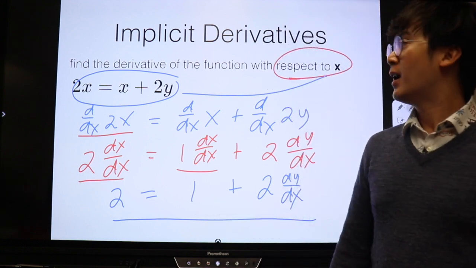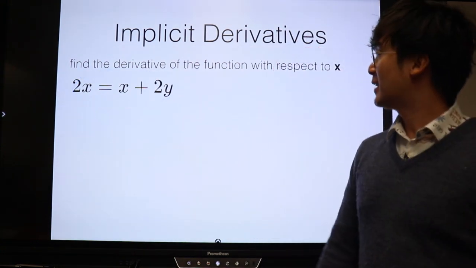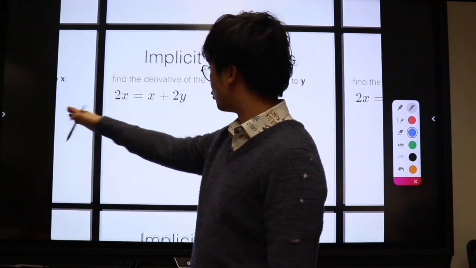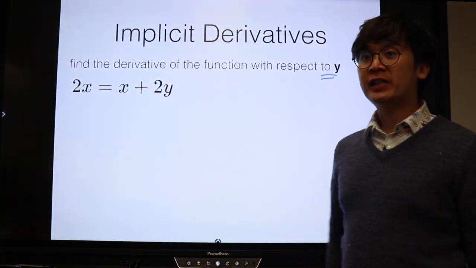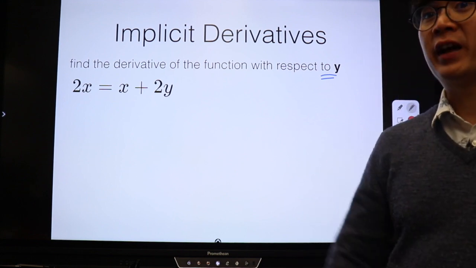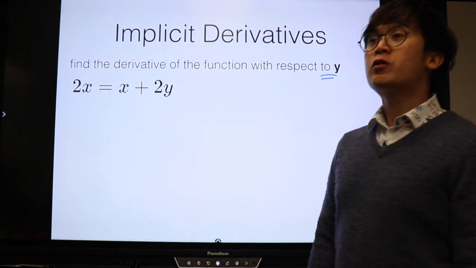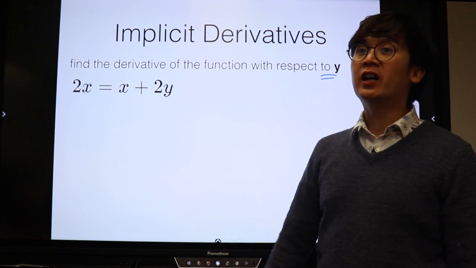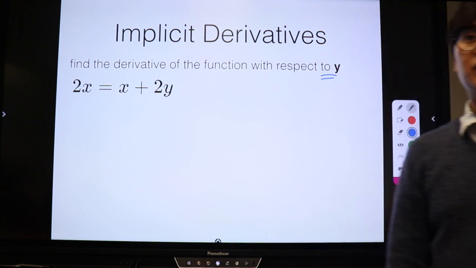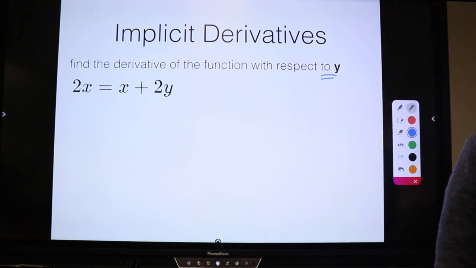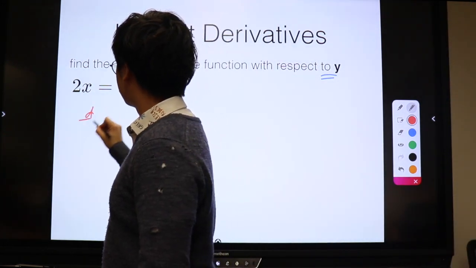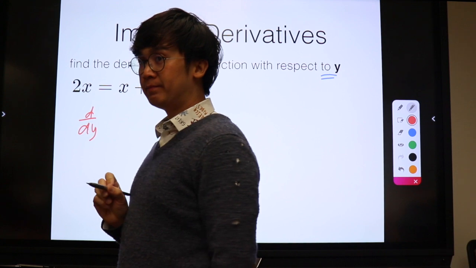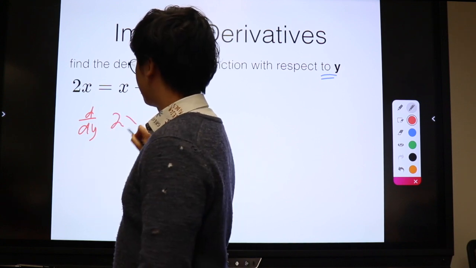All right? Okay, so let's say I have the same function, but this time you're taking the derivative of the function with respect to y. Can you please go through the process of differentiating this function with respect to y? So now we're going to write our notation as d/dy of 2x, right?